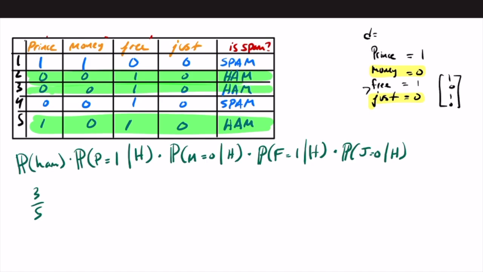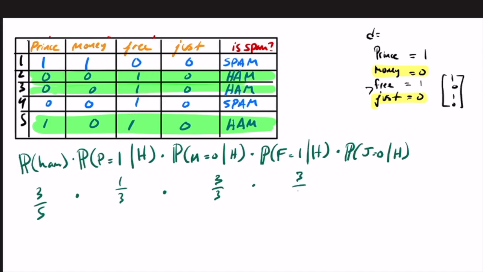So again, the 0s and 1s just come from over here. All right, so this is 1/3. This one is 3/3. Free equals 1. Well, we have the word free in all of them, so this is 3 over 3 again, and then just equals 0. Just 0, 0, 0. 3 over 3 again. So we got a lot of 1s.